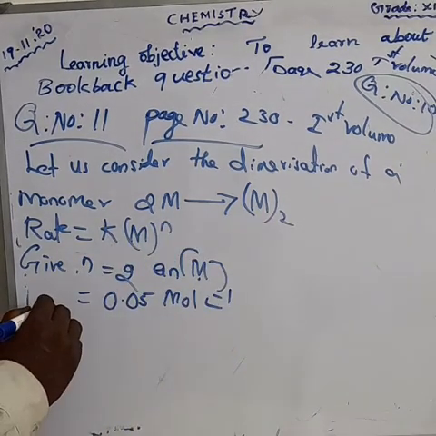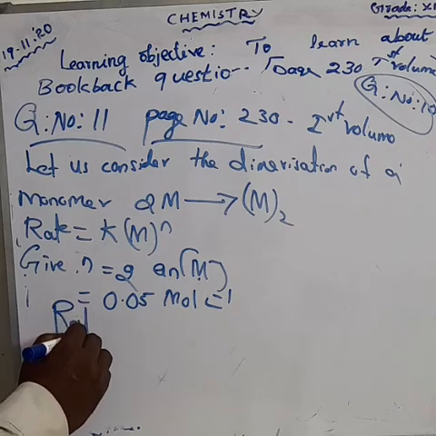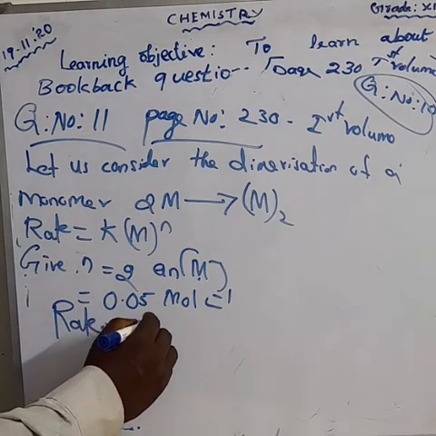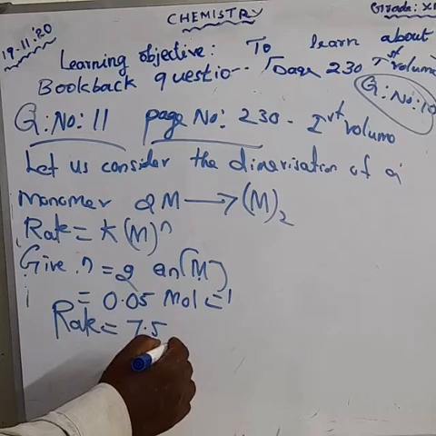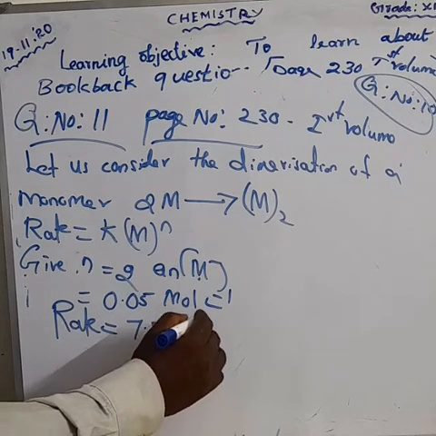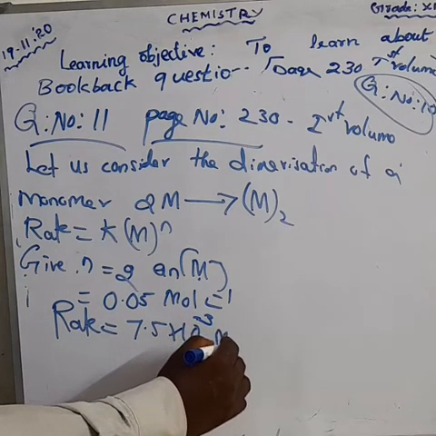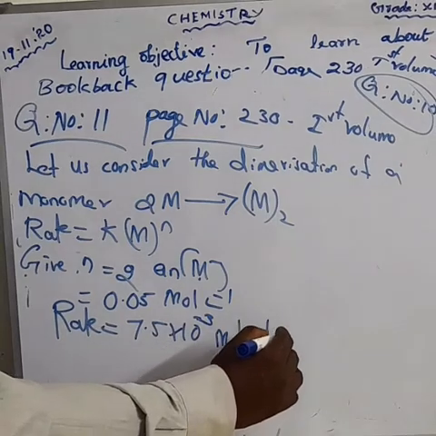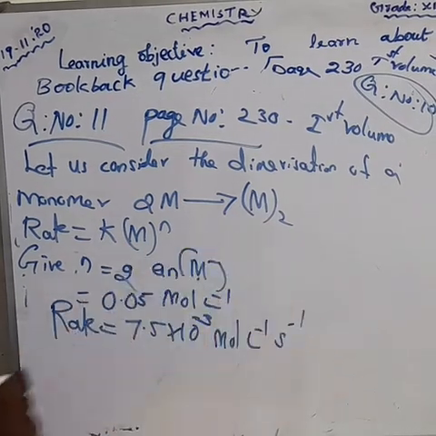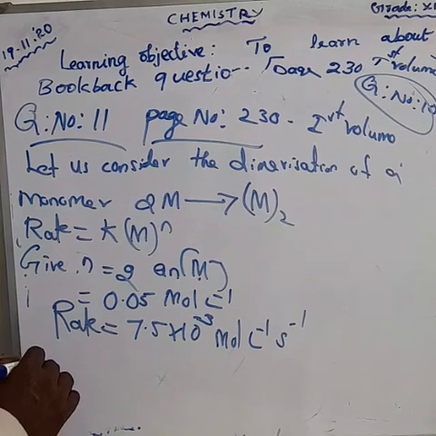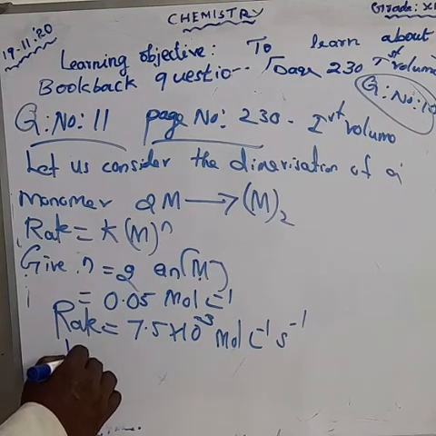Then rate is equal to, as per the question, 7.5 into 10 raised to minus 3 mole liter inverse second inverse. Then using the formula, we should find out the k.